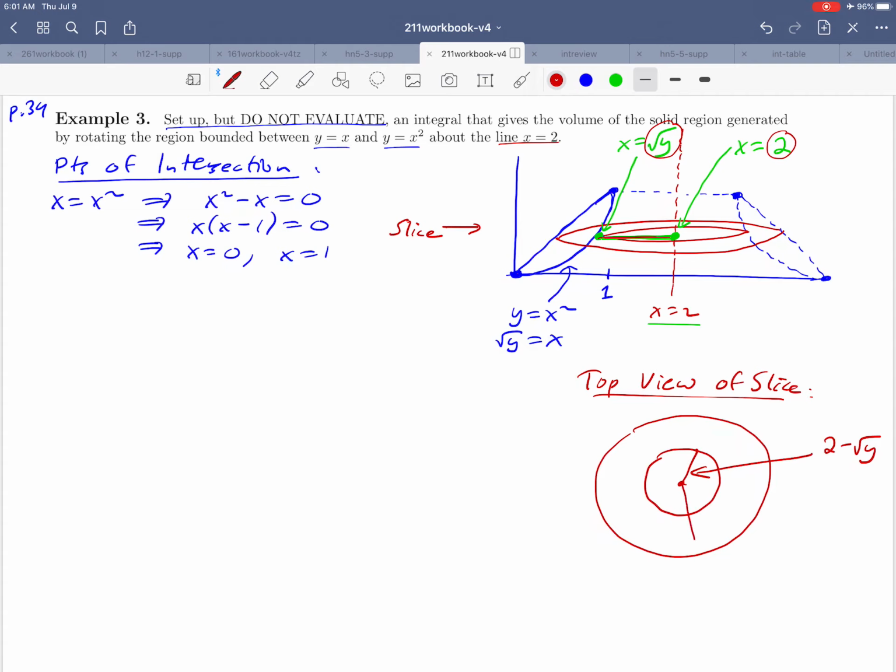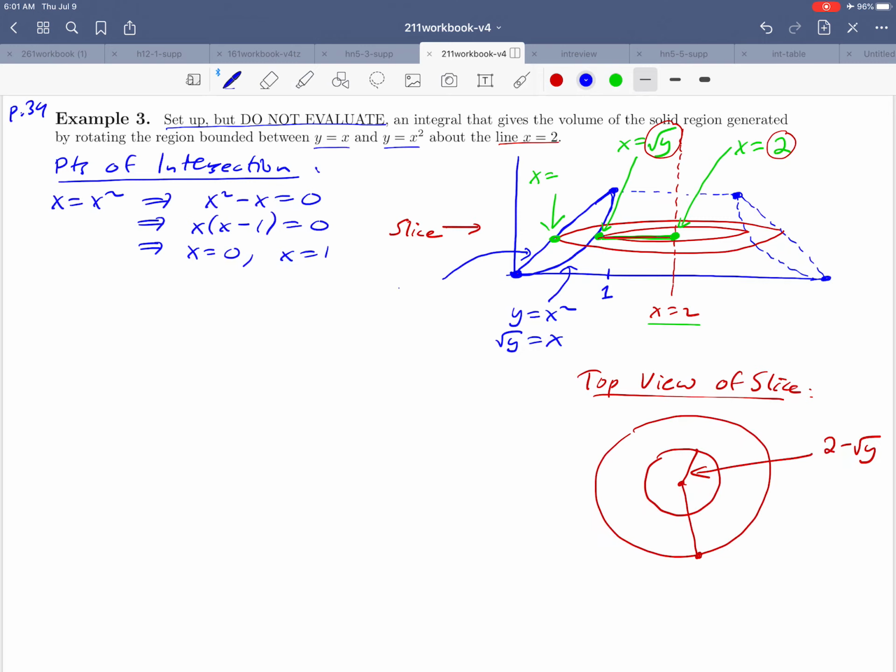Okay, the next thing we need is the bigger radius, the outer one. Going back to our picture, that's going to be the distance from here to the center, meaning that we need to know what the x value is at that point. So we ask ourselves the same question, what curve are we talking about there?